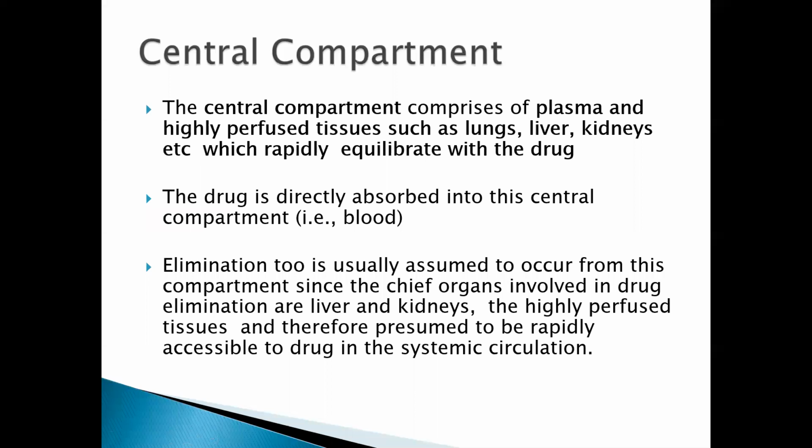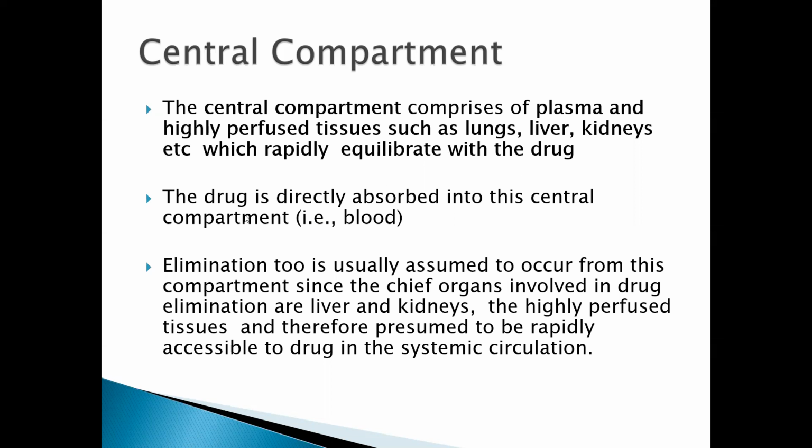Elimination also occurs from this compartment, since the chief organs involved in drug elimination are the liver and the kidneys, the highly perfused tissues. We know that lungs, liver, kidneys are all highly perfused tissues.